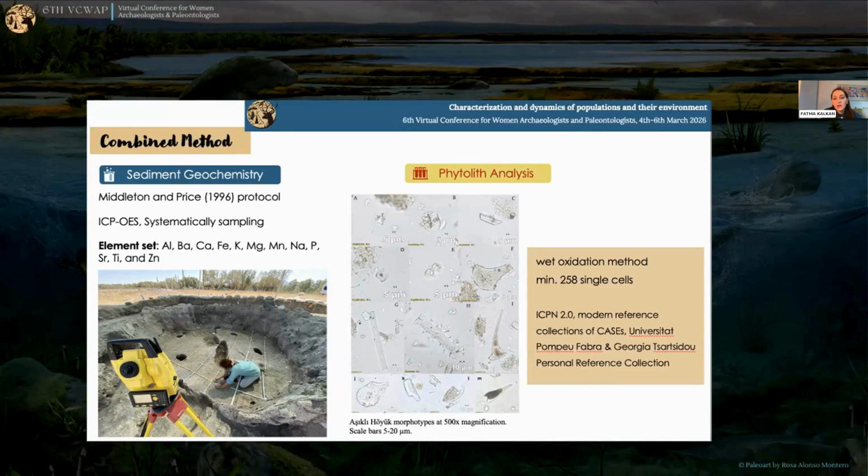Target elements are analytically significant for identifying anthropogenic inputs, such as organic waste, storage, burning residues, food preparation, or dung accumulation. On the other hand, phytolith analysis was conducted using standard heavy liquid separation with floor sediment subsampled. Macrobotanical data helped to detect activities related to crop processing, storage, floor matting, and the presence of plant-based artifacts.